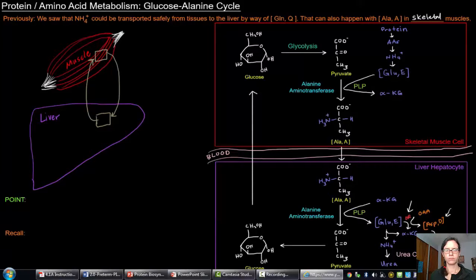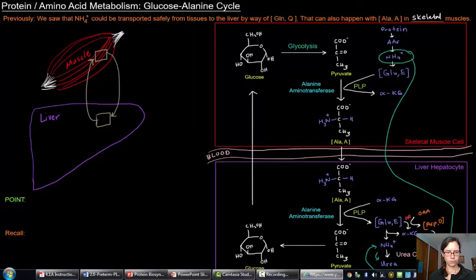The point is, though, that we're basically getting the nitrogens that are the products of breaking down proteins in the muscles out into the liver, right? So we're taking these guys out through the blood and to the liver so that they can eventually be excreted safely in urea.